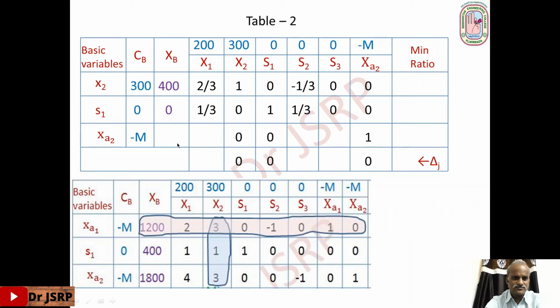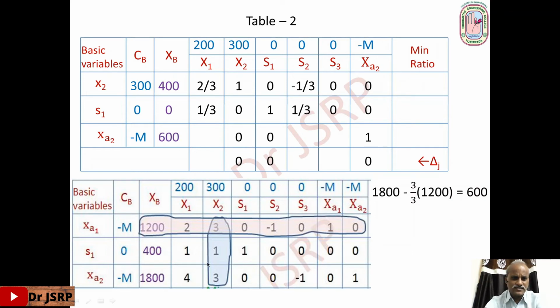Similarly for the third row, the present value is 1800 minus the pivot column element 3 by the pivot element 3 into the pivot row element 1200. So the 3 gets cancelled here, 1. For this whole row, it is the same: 1800 minus 1200, 600.